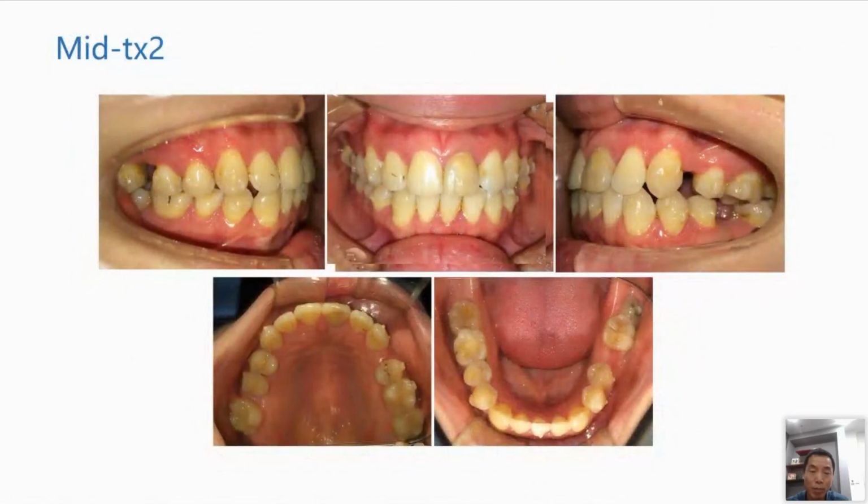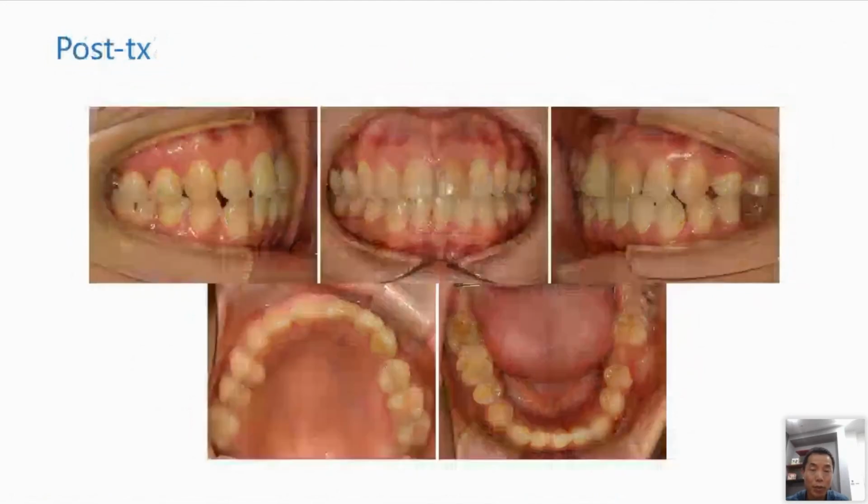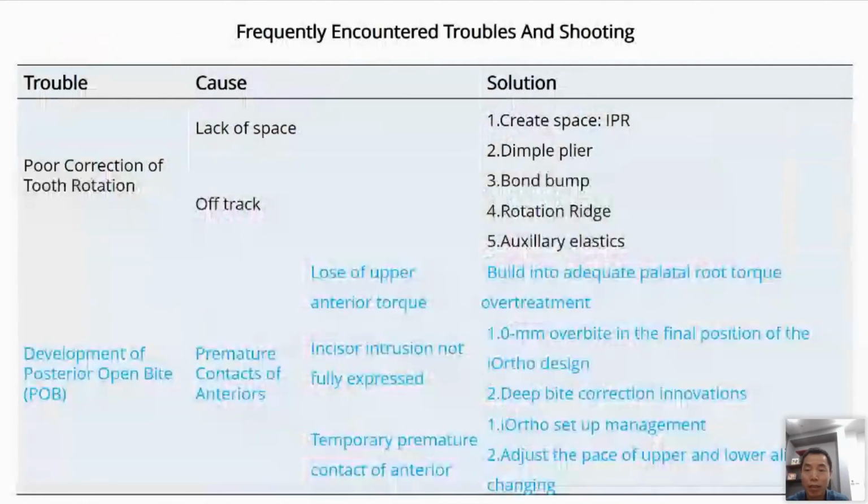No occlusal adjustment was needed because we know it's a temporary occlusal contact, an occlusal interference. This is after treatment. It's a summary of the development of posterior open bite.